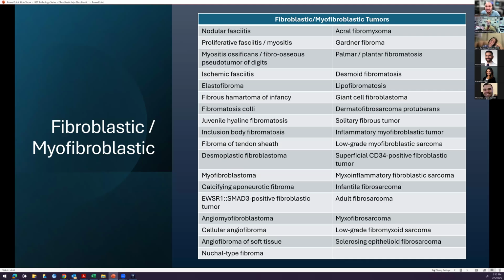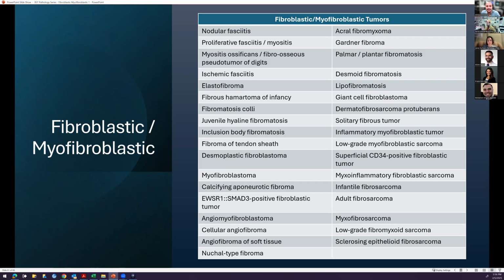Maybe I'm not so sold that it's proliferative fasciitis, but I can at least think, hey, it's in that vein of a fasciitis-like lesion. If you can get into that category of, well, it looks sort of like loose myofibroblastic, a little heterogeneous background, maybe extravasated RBCs, it helps to see that and not think, oh, it's a solitary fibrous tumor. Think, oh, it's more this sort of fasciitis-like picture.